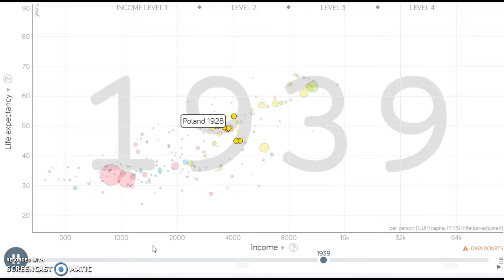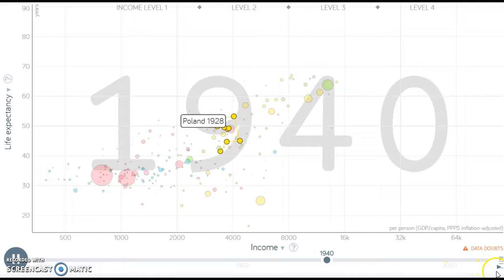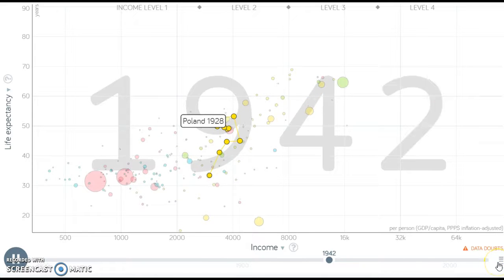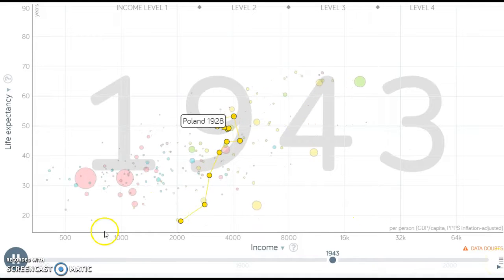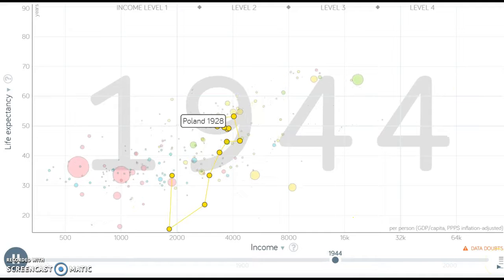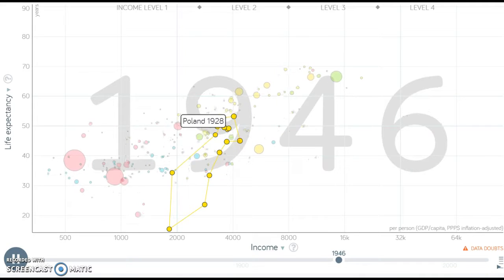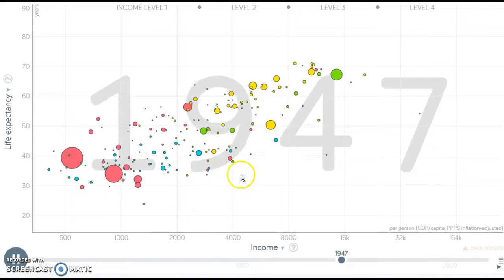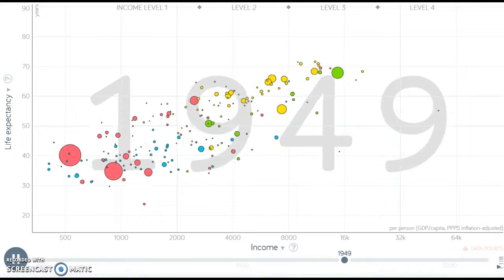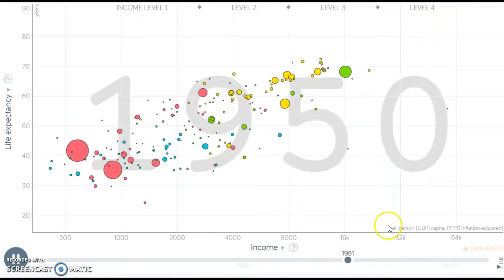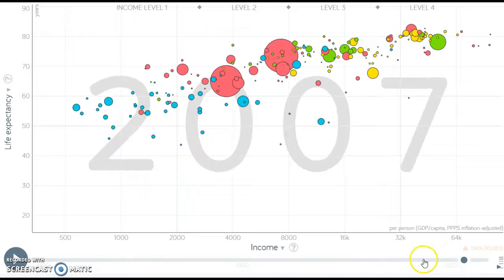As shown, countries in the lower left have both lower income as well as lower life expectancy. Countries in the upper right have higher income and longer life expectancy. No country in level 4 income per capita has a life expectancy lower than 76.9 years.